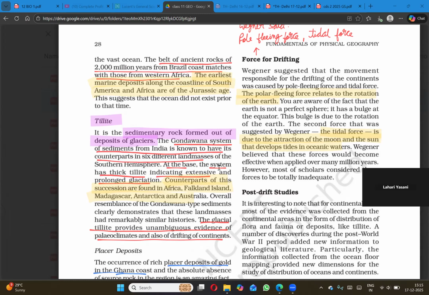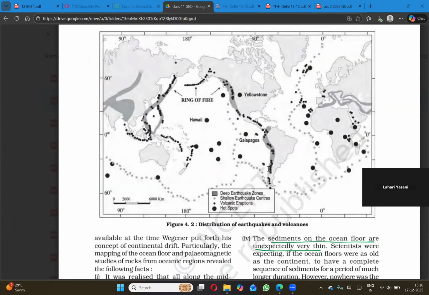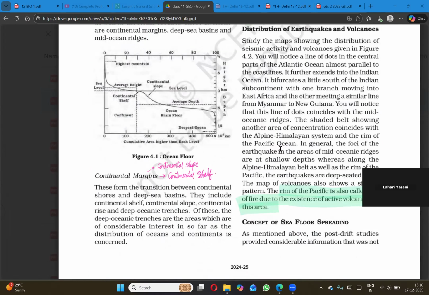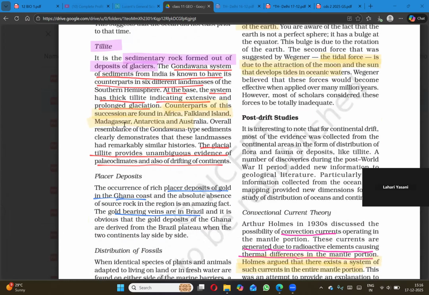At the base, the system has thick tillite, indicating extensive and prolonged glaciation. The counterparts where these traces have been found are Africa, Falkland Island, which is in the southern ocean off southern Africa, around here, if you see here. Next is Madagascar, which is in the Indian Ocean, Antarctica, and Australia.